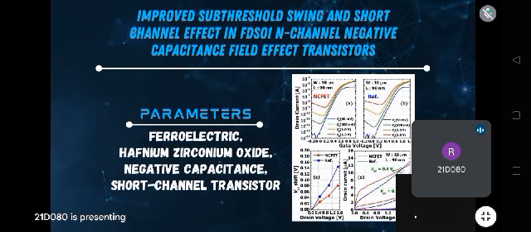capacitance field effect transistor, which includes various different parameters such as negative capacitance, short channel transistor, ferroelectric hafnium zirconium oxide. In this paper, the authors deal with different characteristics of current and voltage, which includes the drain current and gate voltage.